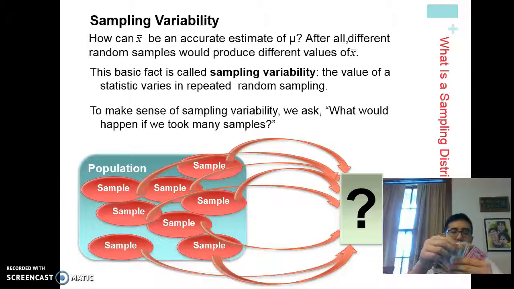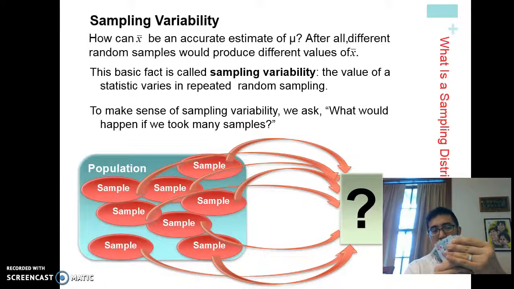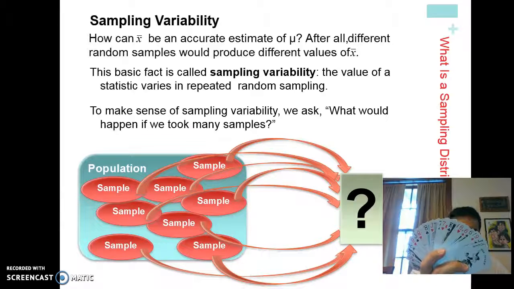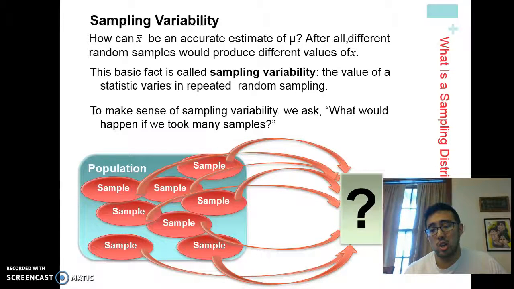So let me count real quick. 1, 2, 3, 4, 5, 6, 7, 8, 9, 10. Oh, wow. Again 10. That's crazy. It didn't happen. Half black, half red. Again, that's actually crazy.